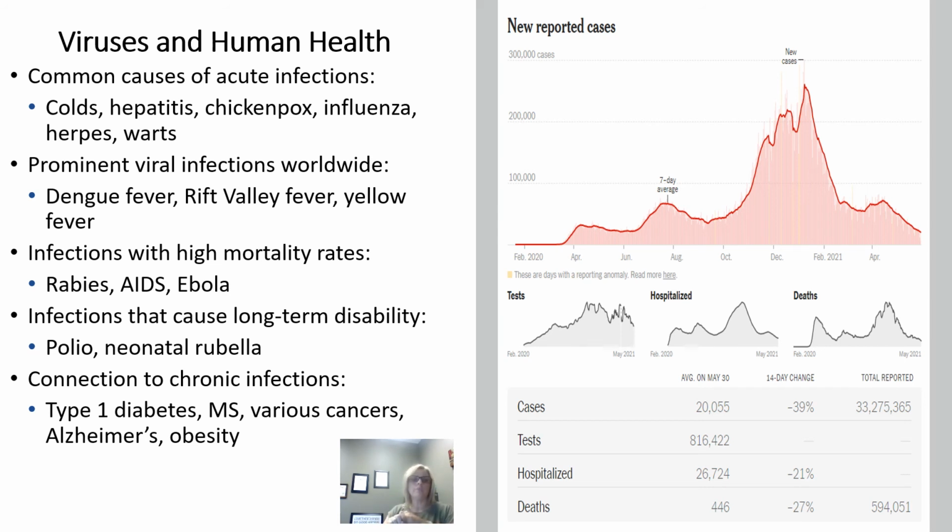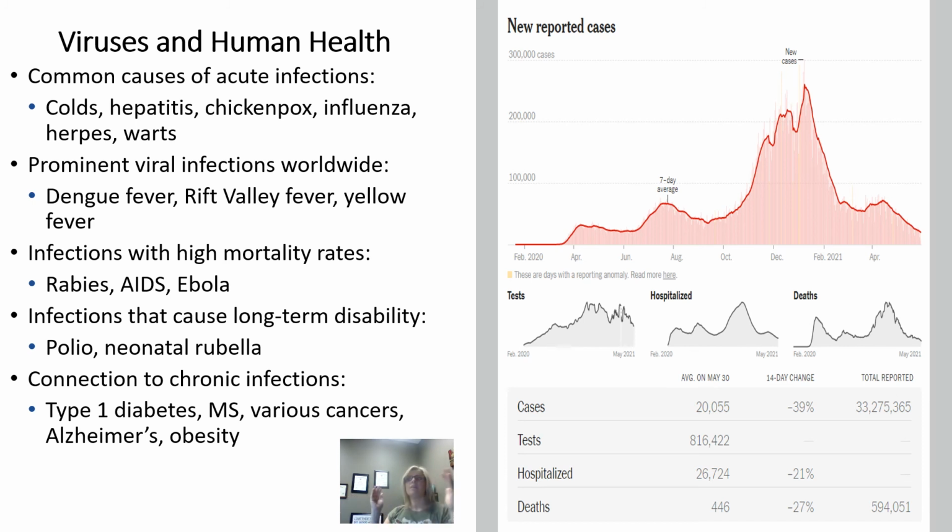AIDS, Ebola. We have many that can cause long-term disabilities, and thankfully, these we actually have immunizations for, like poliomyelitis and rubella. And then we have some that are really connected to chronic infections like multiple sclerosis and Alzheimer's disease, all right, and of course various types of cancer.